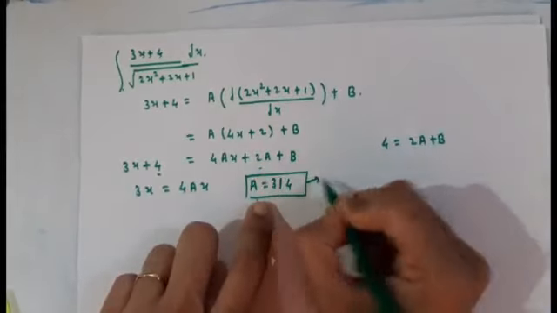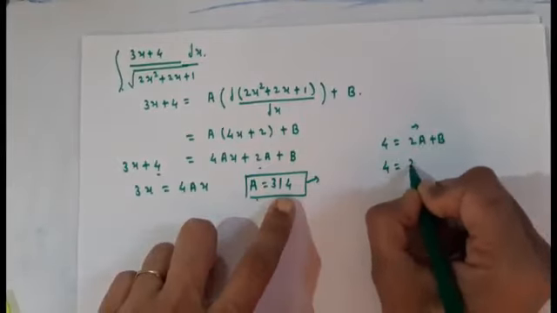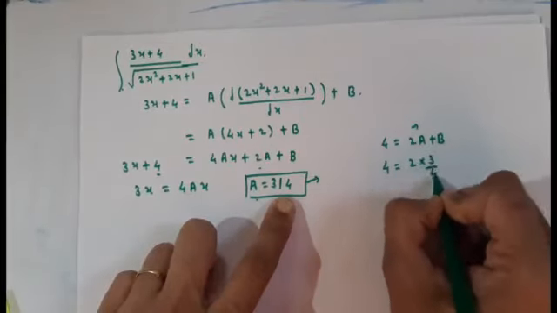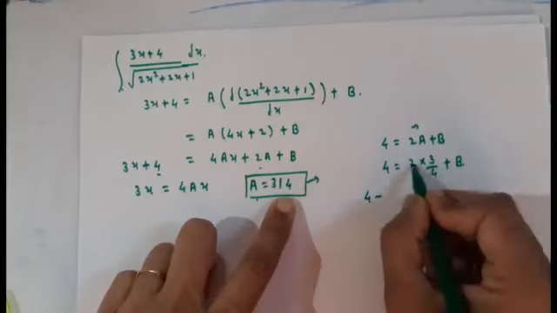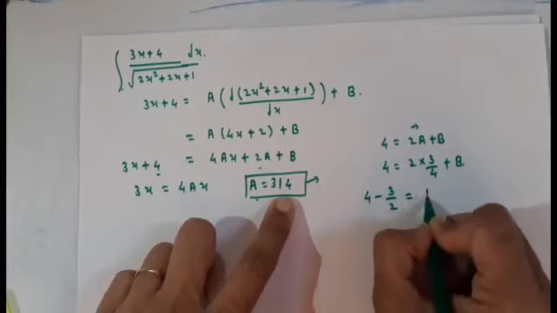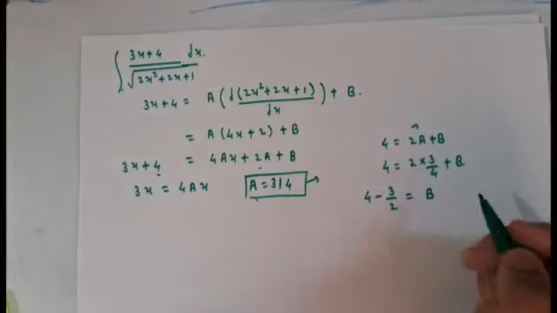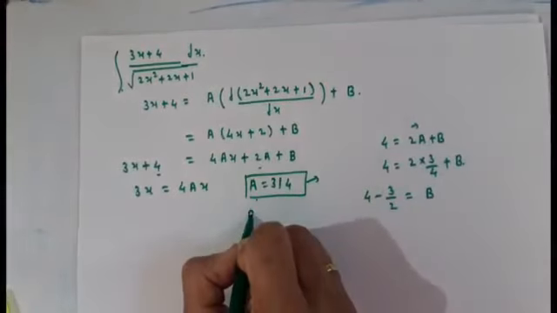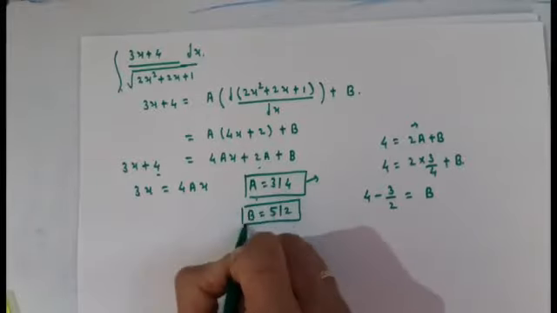Put the value of a here: 4 equals 2 into 3 by 4 plus b, so 4 minus 3 by 2 equals b, and this is 5 by 2. The value of b equals 5 by 2.